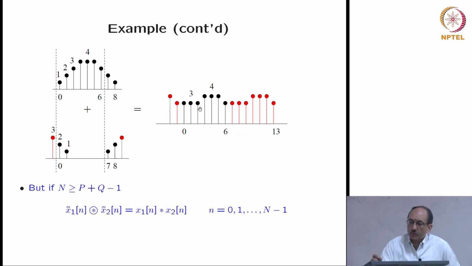If you choose cap N such that cap N is at least p plus q minus 1 or larger, shifting it to the left and to the right will cause no overlap, and hence you can get the result of linear convolution via circular convolution provided you choose N to be at least as large as p plus q minus 1.